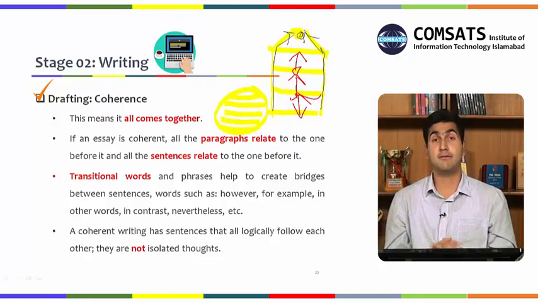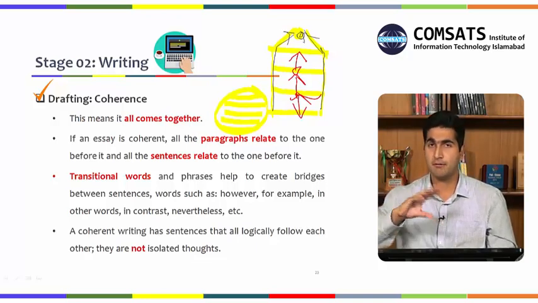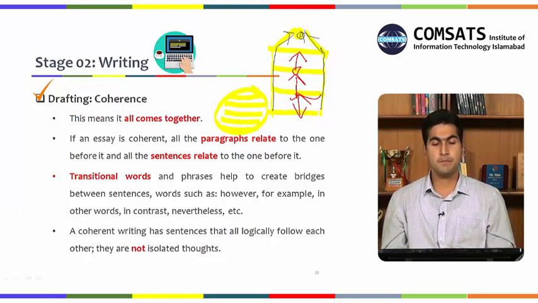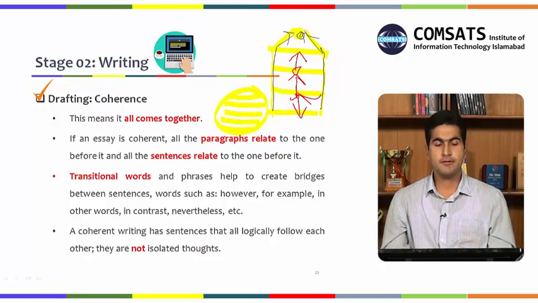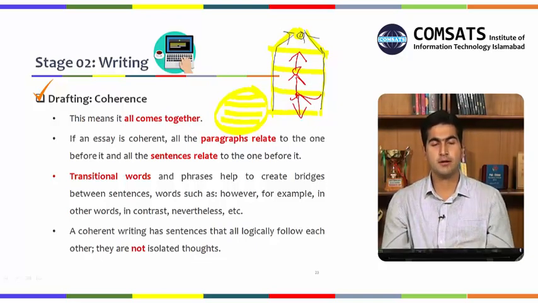But while I have drawn the picture, I thought I can just show it over here rather than drawing another picture, just to give you an idea of how you can do it. So all the paragraphs relate to the one before it, and all the sentences relate to the one before it as well. So that is how you develop this coherence to form a single body.